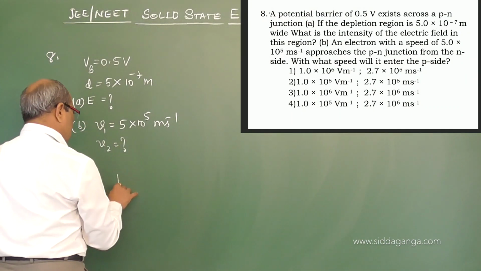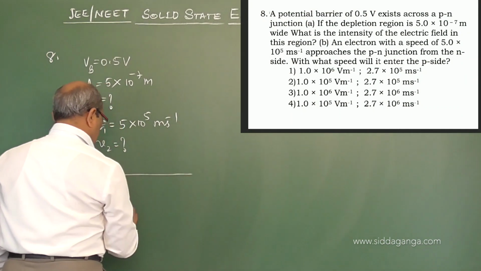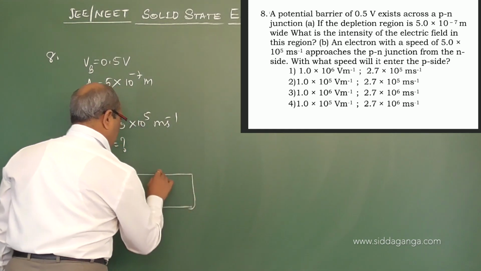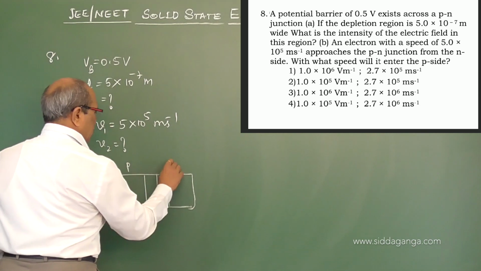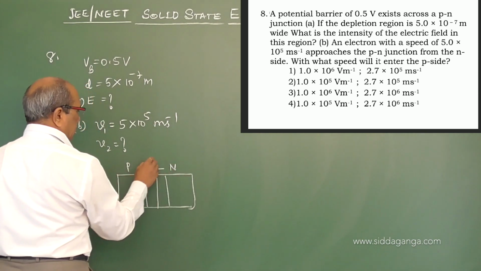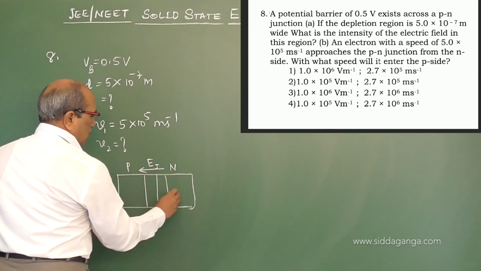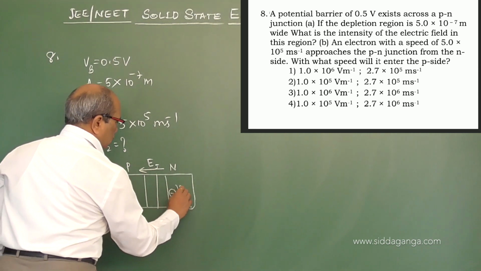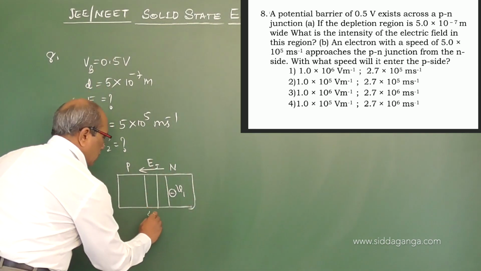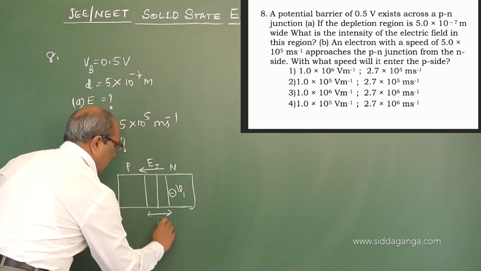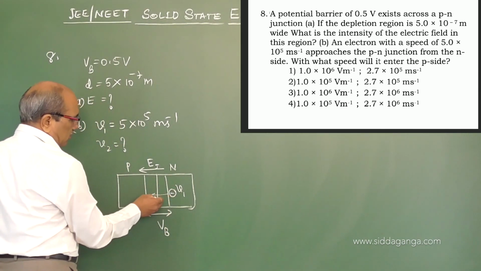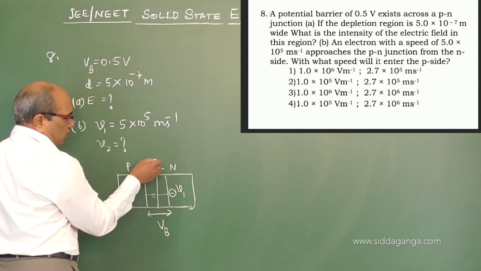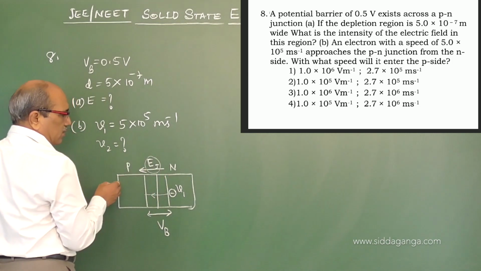In this question, there are two parts. Let us think about the PN junction. It has the P region and the N region. The electric field is acting in this direction. An electron has velocity V1 on this side. This potential barrier is VB. To come across this, it will lose some energy because an electron cannot move in the direction of the electric field.